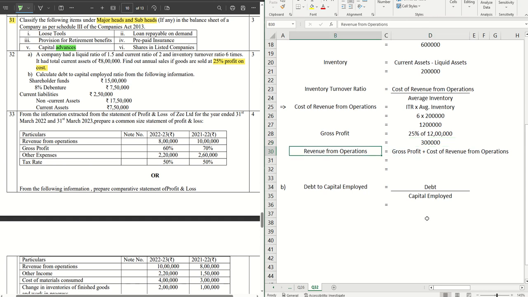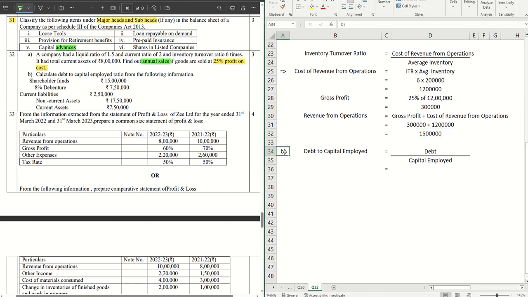Revenue from operations, which means the sales amount, is gross profit plus cost of revenue from operations. So that's 3 lakhs plus 12 lakhs, which comes to 15 lakhs. So that's my answer. Revenue from operations is 15 lakhs, which is the annual sales we were required to calculate. First part is done.